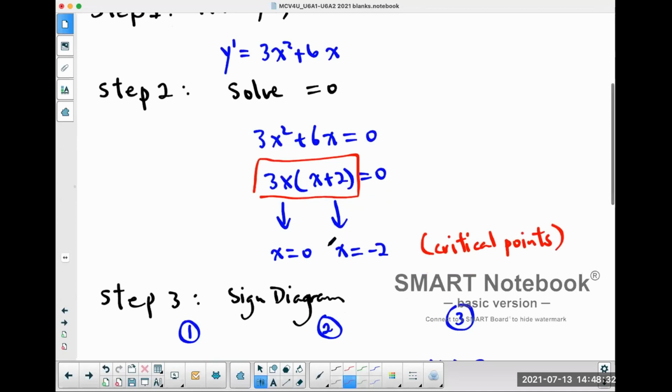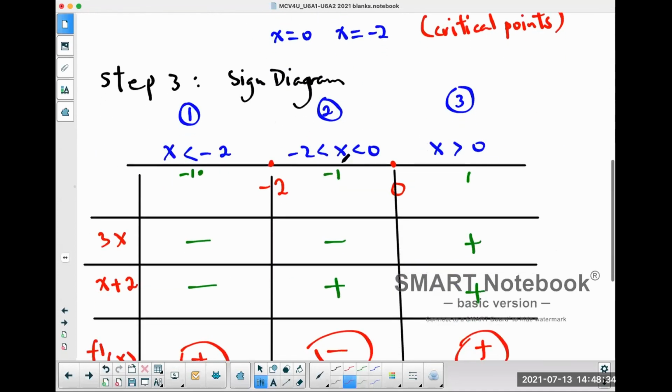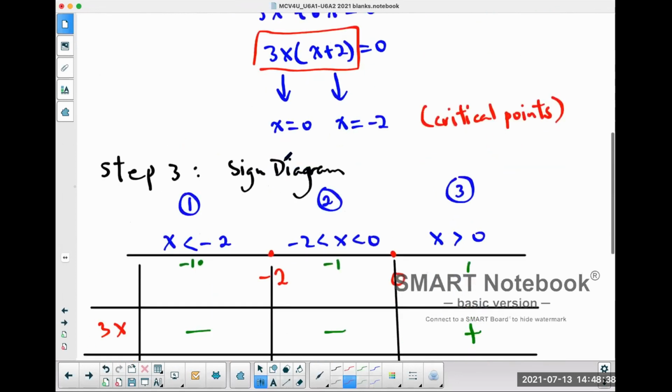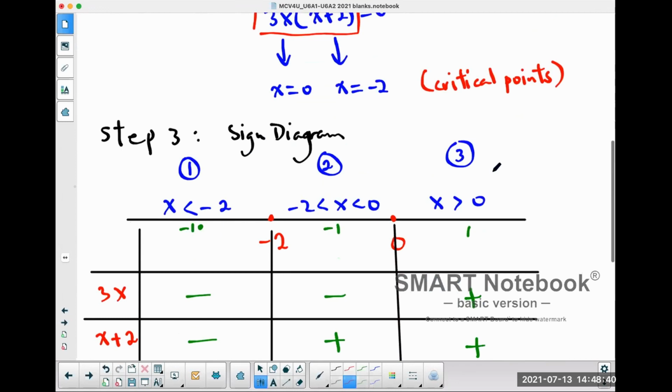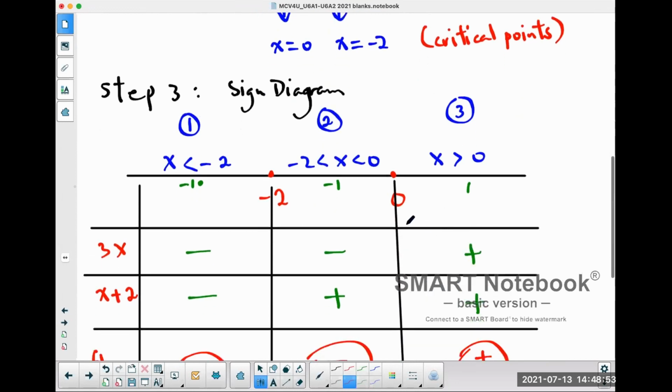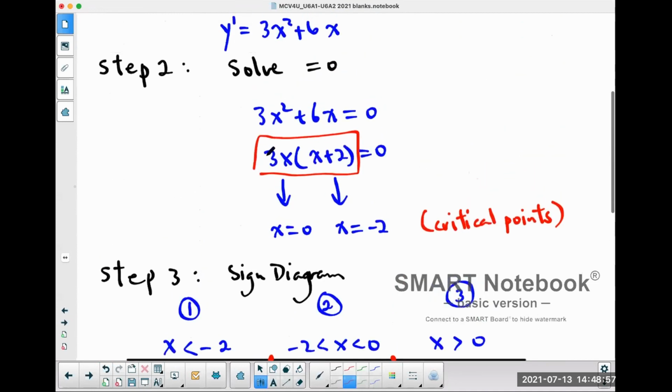Once we get our critical points, then we plot our sine diagram. Draw a number line and put those 2 dots there. If there are 2 dots, then you have 3 regions. If you only have 1 single dot, well, then there are 2 regions, before and after it, right? So depending on how many critical points you have, you're going to have a different number of regions that you need to worry about. Once you have the 3 regions in this case, then you write down the derivative function, the last step.